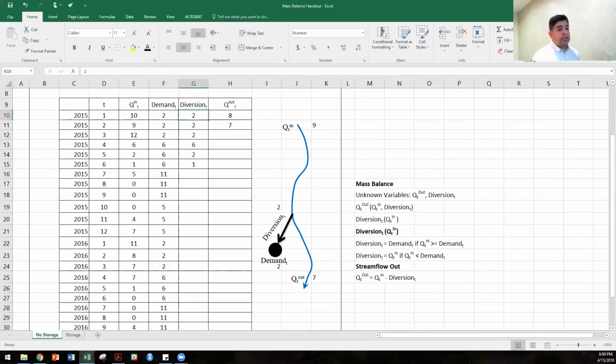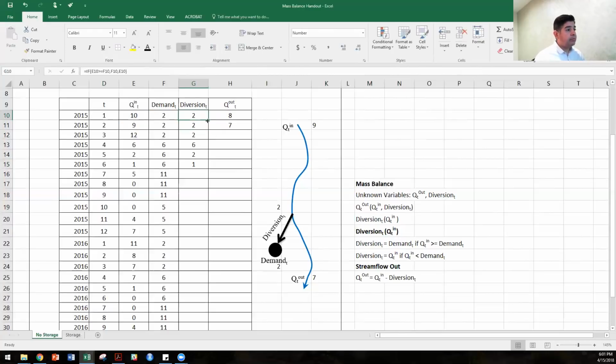Now, this type of equation we can actually put in here as: if Q in is greater than or equal to the demand, then select the demand, otherwise it will be Q in.